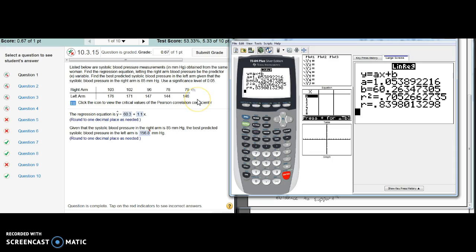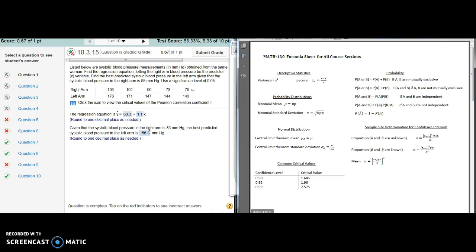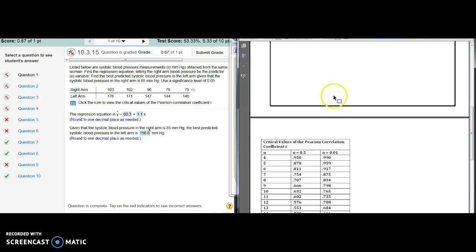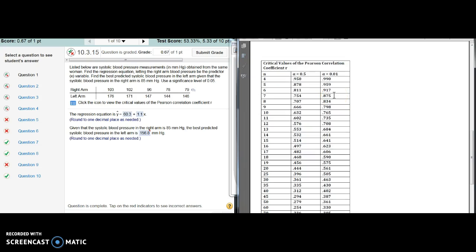We have 5 pieces of data, and we're going to be using a significance level of 0.05. What we're going to do is we're going to go to our formula sheet, which I've got right here, and you're going to scroll down, and we're going to look for this correlation. So we have 5 data points, and we're using 0.05. So if we have correlation, our R value needs to be greater than 0.878.